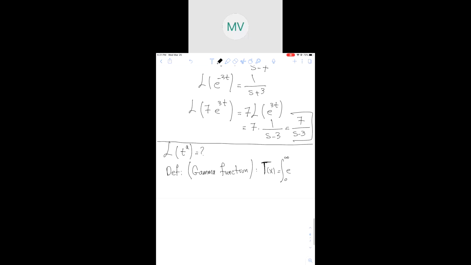It's very similar to the Laplace formula, but a bit different. There's no function. The only variable is x here. E to the negative t, and then t raised to x minus 1 dt. Similar to Laplace, the variable of integration is dt, and x is a constant inside this integration. But the final answer is going to be a function of x. That function, we call it gamma of x. Okay?